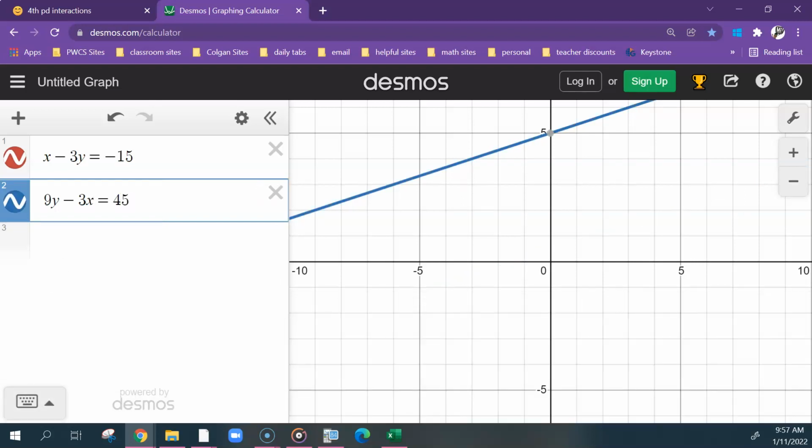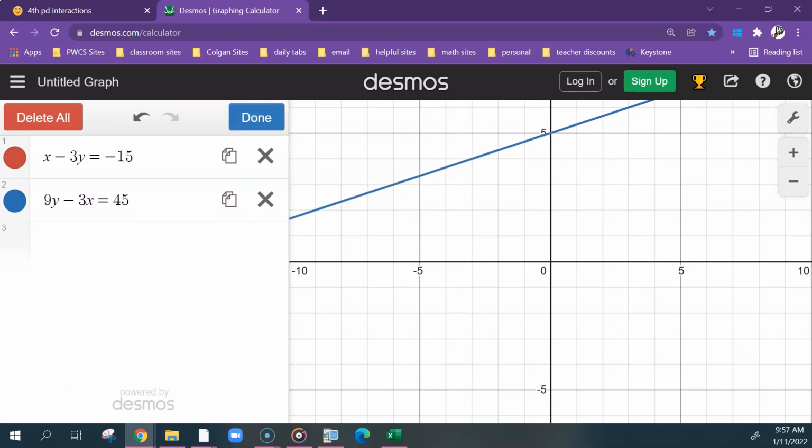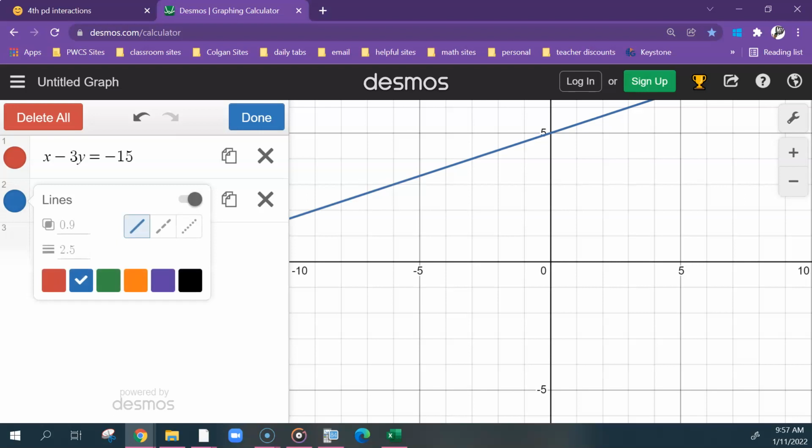I don't know if you guys saw what just happened, but it looks like they line up over top of one another. To double check, press your gear wheel and change the type of line to a dotted line for one of them. And you can see the red line is behind the blue line, so they are in fact the same line.